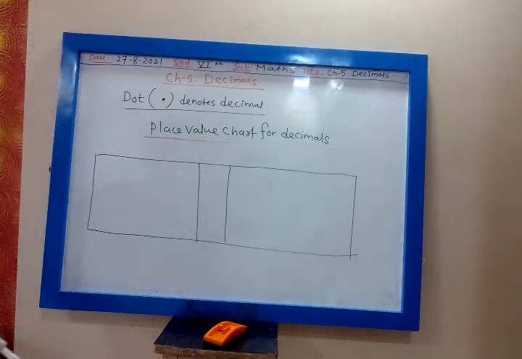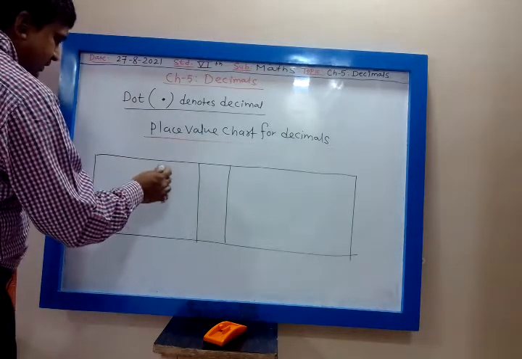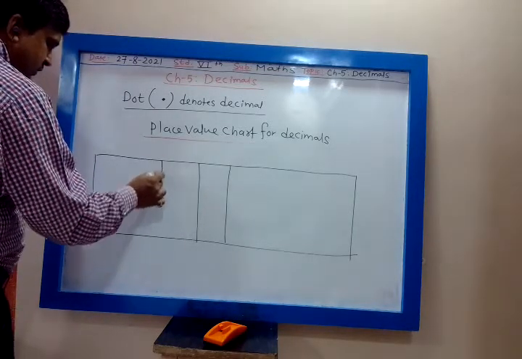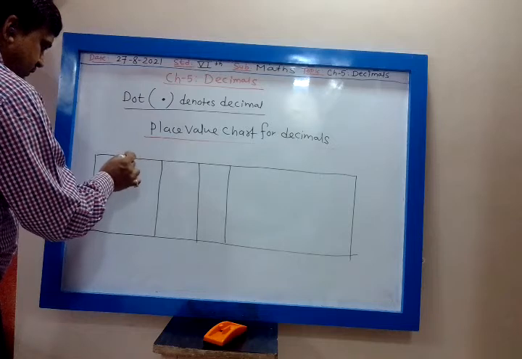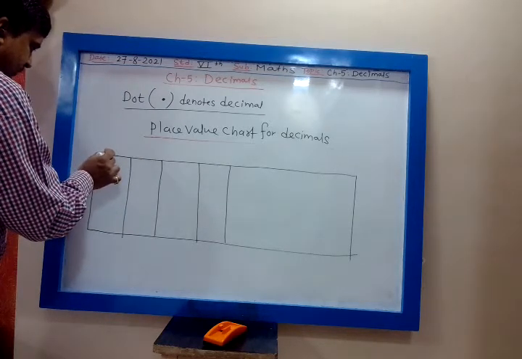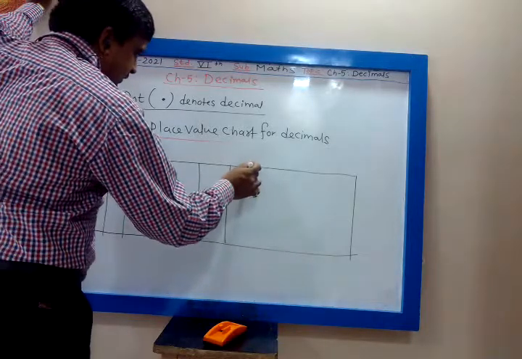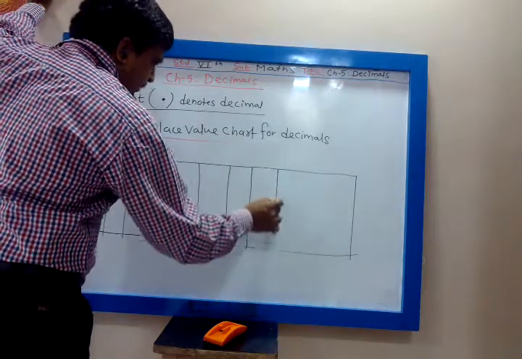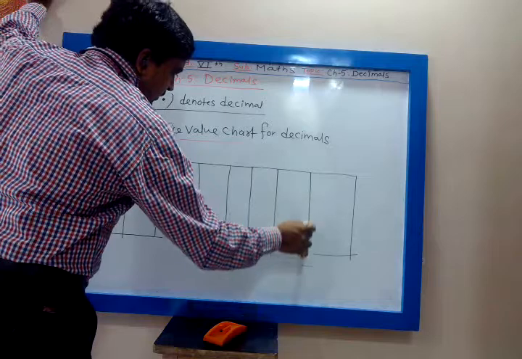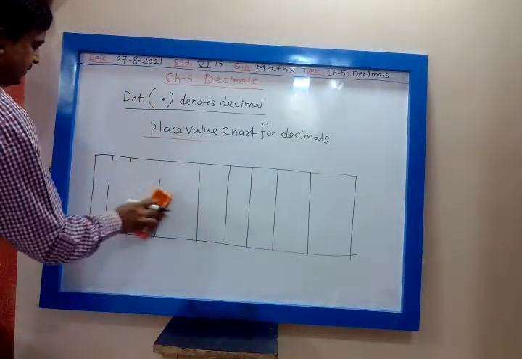First I have to explain the concept of decimal, and only after understanding that can we solve the problem. In the center there are 4 boxes: 1, 2, 3, 4. Then this side also 1, 2, 3, 4. So in total we make 9 boxes.